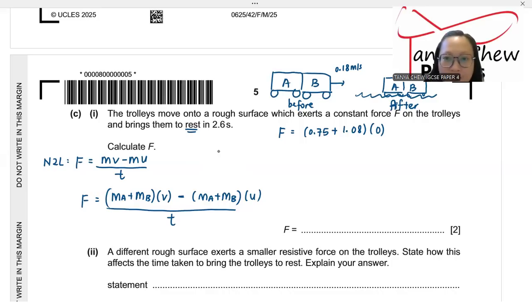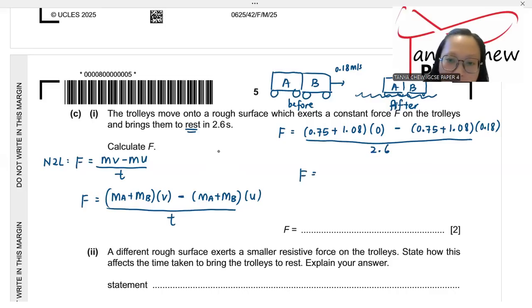Why? Because finally the two trolleys are brought to rest. Minus mass of A 0.75 plus mass of B 1.08 times the initial velocity, which is 0.18, divided by 2.6. If you do it carefully, you will end up getting negative 0.13 newton.